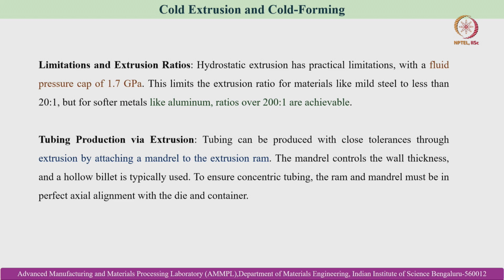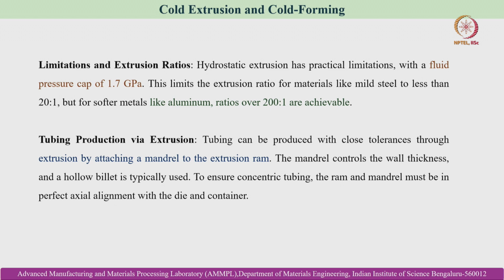So, this is huge. You can understand that a 200 times reduction of cross sectional area, and an analogous increase in billet length, can be achieved in softer metals. This is not the case for materials like steel, which are difficult to extrude and need a higher total extrusion pressure.